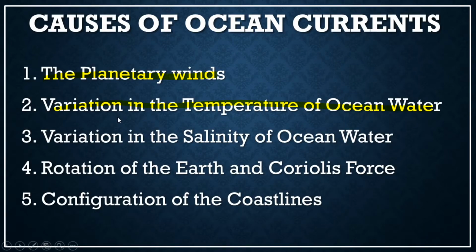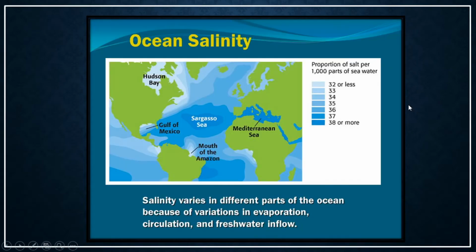The third most important cause is the variation in salinity of ocean water. Now, we all know that ocean waters are highly saline, and therefore in some parts there is a high salinity, while in some parts the salinity is very low.